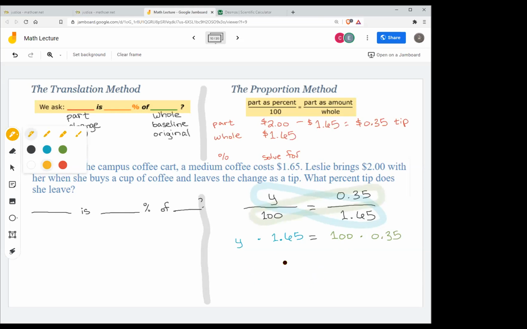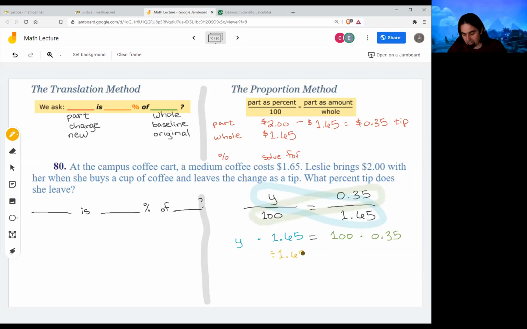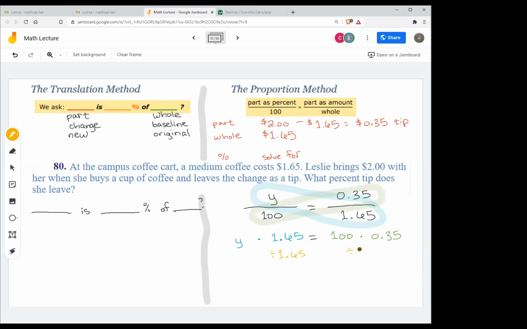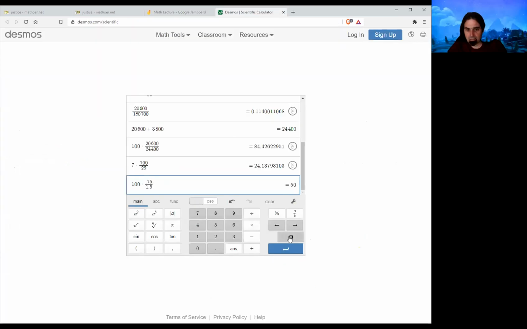Then you divide by 165 on both sides. Okay, so it'd be 35 divided by 165, and got about 21%. Yeah.